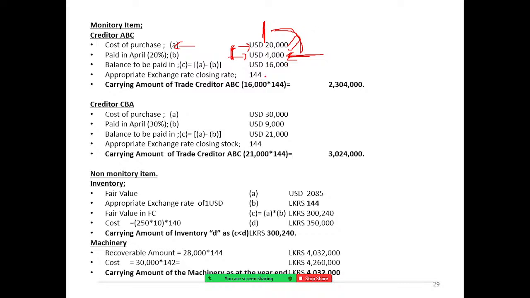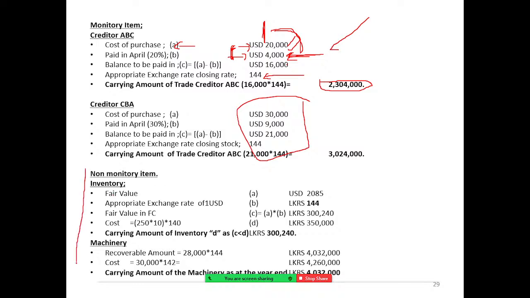And this is monetary items. So this will be recorded at the year-end date. So this is the same way we have to deal with as we do this.